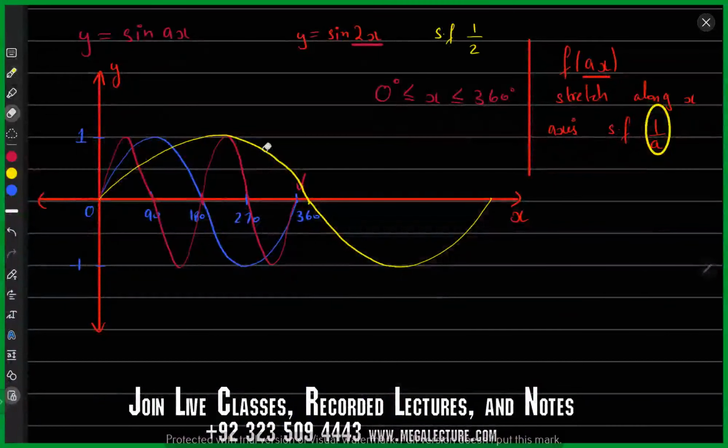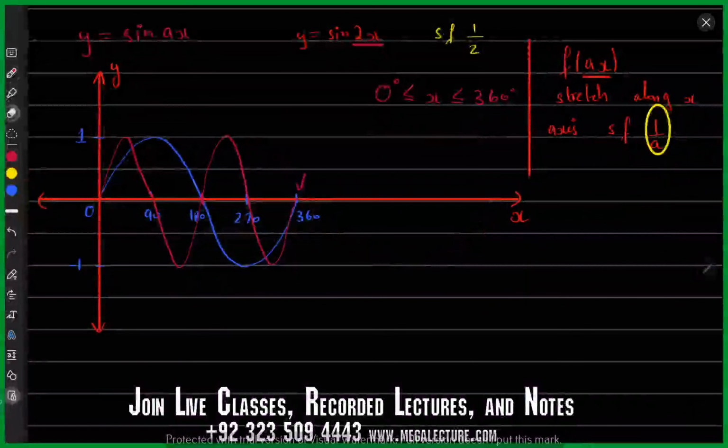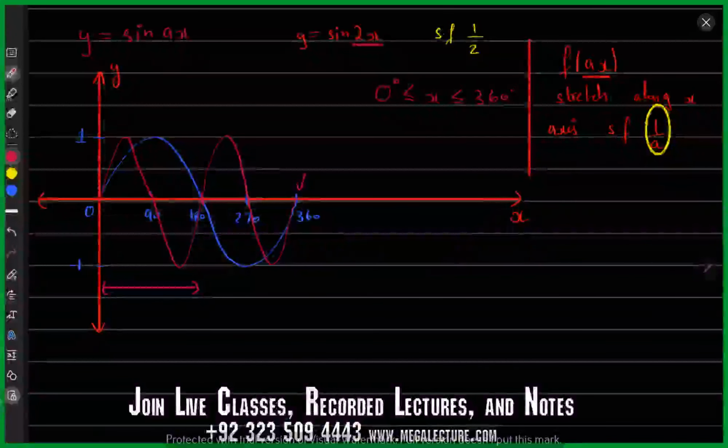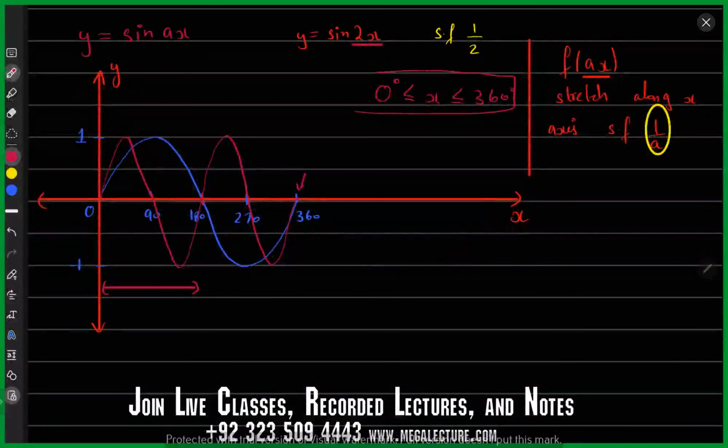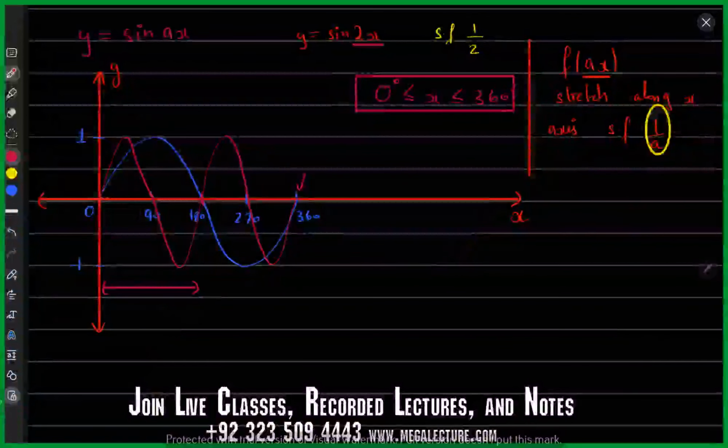Now with 1 by 2 as my scale factor, I can certainly see everything would basically be divided by 2, right? So this is what I would get for the original blue shape. But since I was supposed to make the graph between 0 and 360 degrees, I've repeated the same shape until I reach 360 degrees.